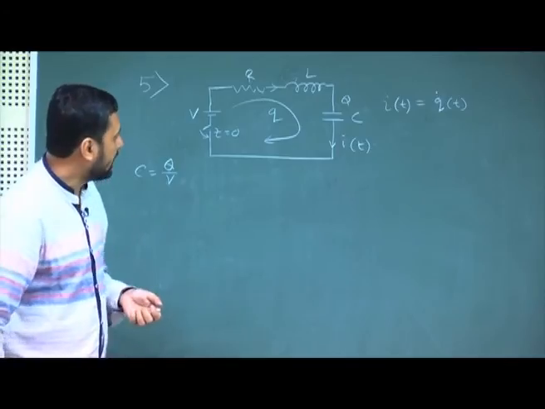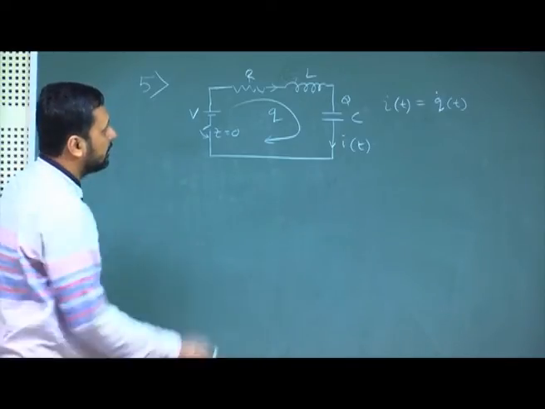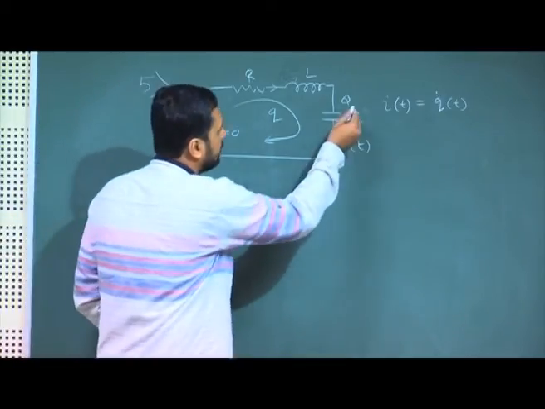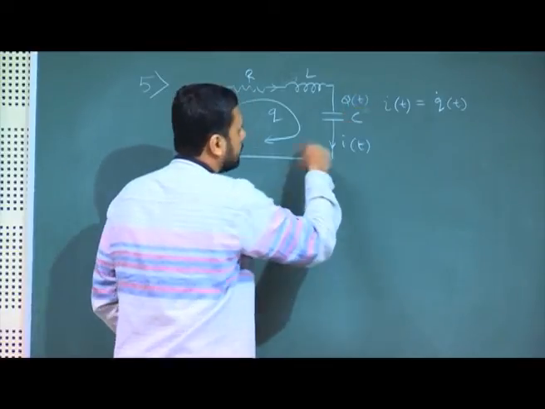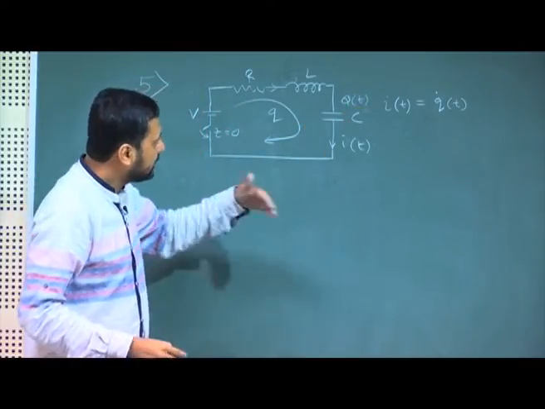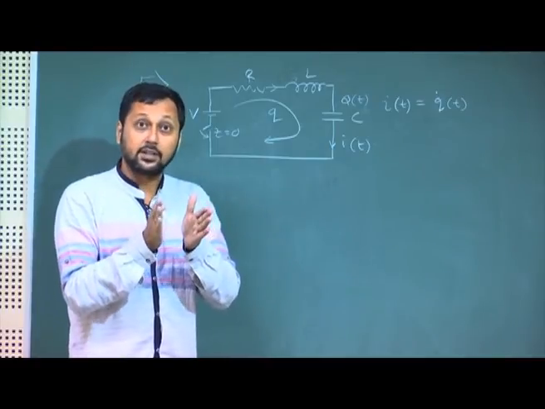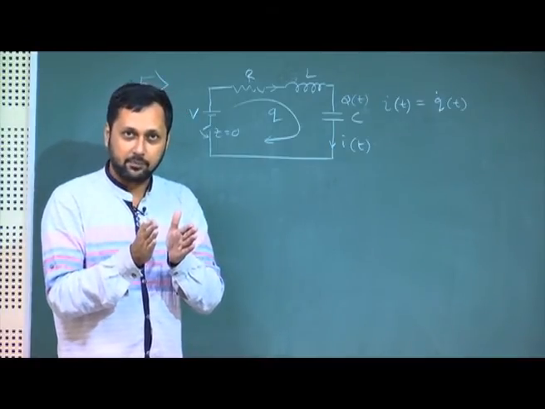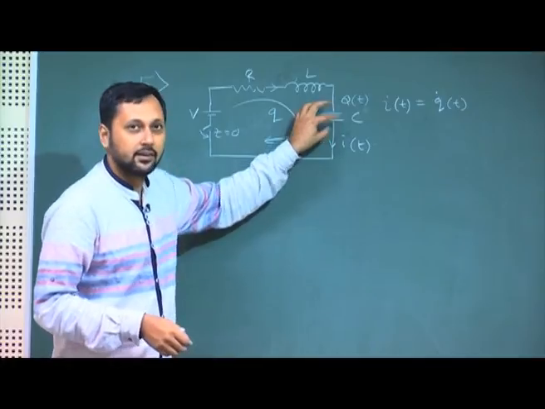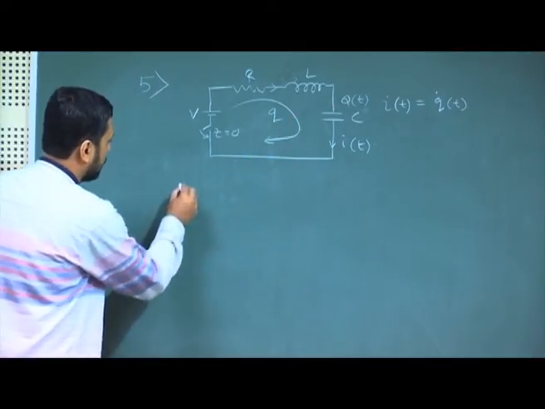In between, before you reach a final value, this q will also be a function of time. Now, as the charge builds up, there is a potential energy building up in the system. So, the capacitor is the source of potential energy.